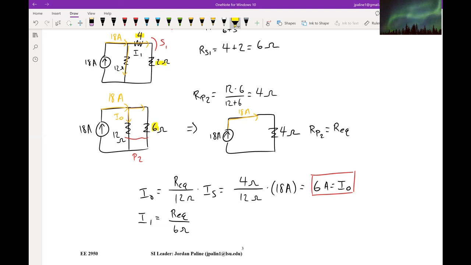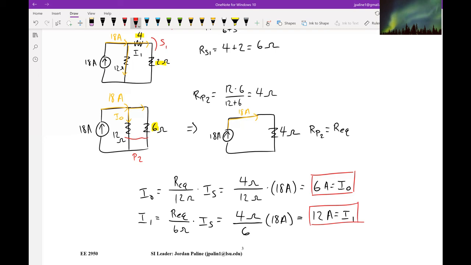So 6 times IS. So if we did 4 ohms over 6 times 18 amps, that should give us 12 amps for I of 1.